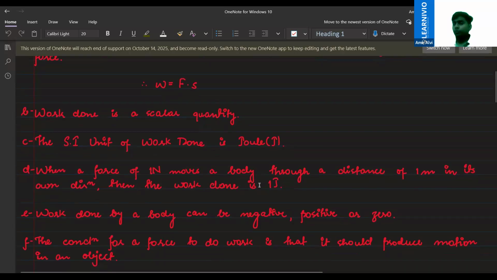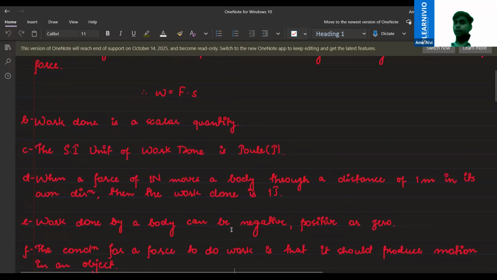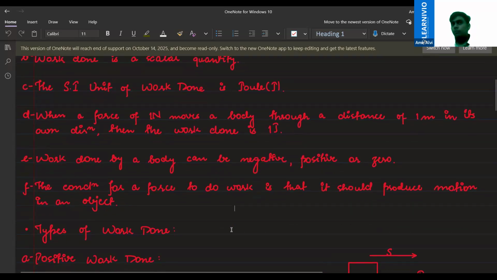Work done could be negative, positive, or zero, right? Negative means the displacement is in the opposite direction, as in the case of friction. Positive means the displacement is in the direction of the force. Work done would be zero if the angle between the force and the displacement is 90 degrees. Clear? Okay, sir. Next, the condition to consider work done is that the force should produce some motion.